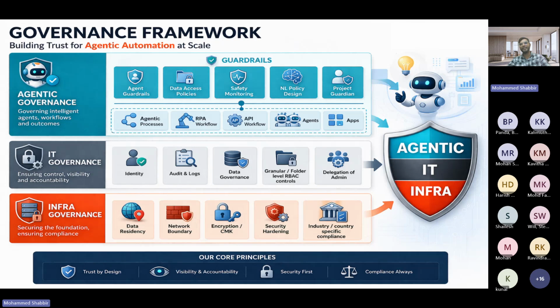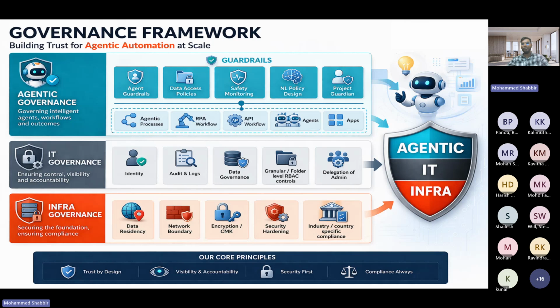So if I summarize again, agents will act responsibly. At the IT level, we make sure systems are secure. And in infra, we see how organizations are compliant. This is exactly how UiPath positions all enterprise-grade automations, putting trust in at this scale.